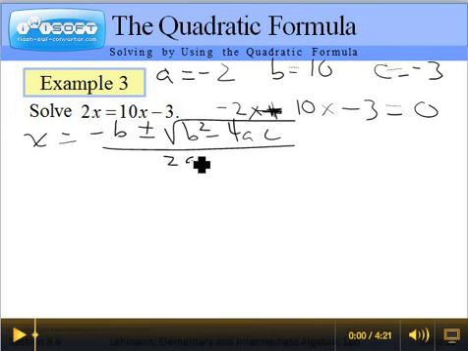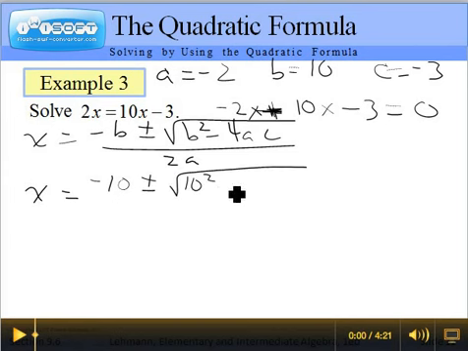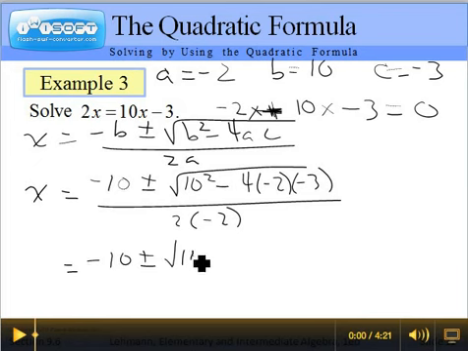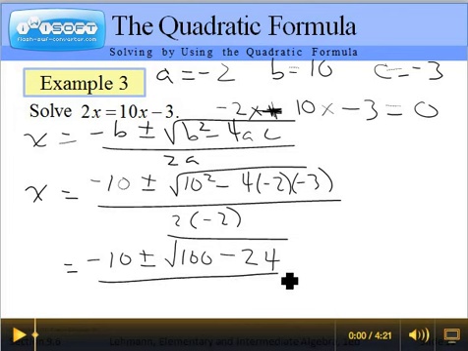So my quadratic formula is x equaling -b plus or minus the square root of b squared minus 4ac all over 2a. So x would equal -10 plus or minus the square root of 10 squared minus 4 times -2 times -3 all over 2 times -2, equaling -10 plus or minus the square root of 100, and then I have -4 times -2 times -3, which will end up giving me, let's see, minus 24, all over -4.